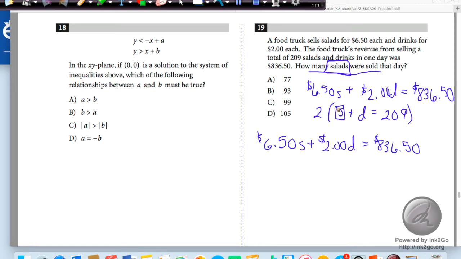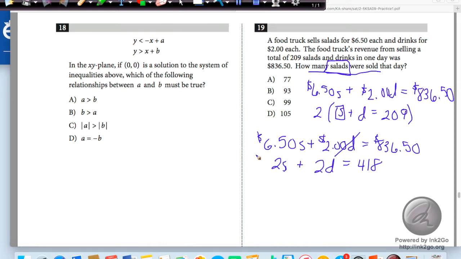Now I'm going to take my bottom equation and distribute the 2 through. And I'm going to get 2S plus 2D equals, well, what's 2 times 209? That would be 418. So now I have 2S plus 2D equals 418. And the whole reason why I took that bottom equation and multiplied it by 2 is because I wanted to be able to do this.